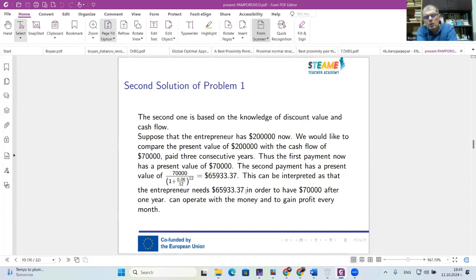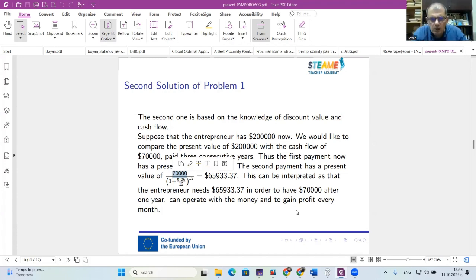But there is another way to think about this problem. This problem is with the so-called discount value. How much is the present value of $70,000 today?